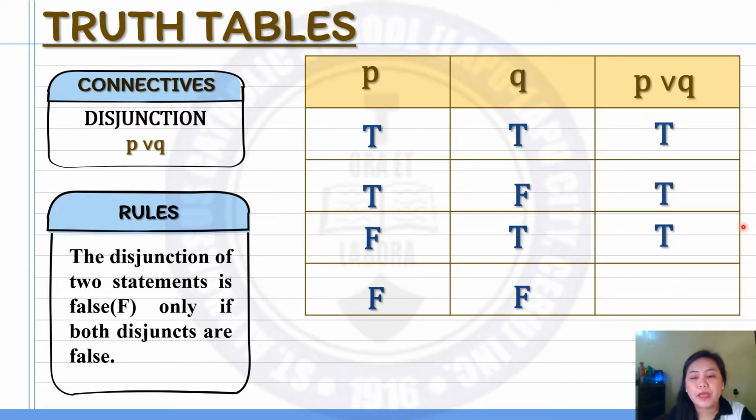And P or Q is still true if you have false, true. And lastly, P or Q is false if you have false and false. Remember, for disjunction, the disjunction of two statements is false only if both statements are false.